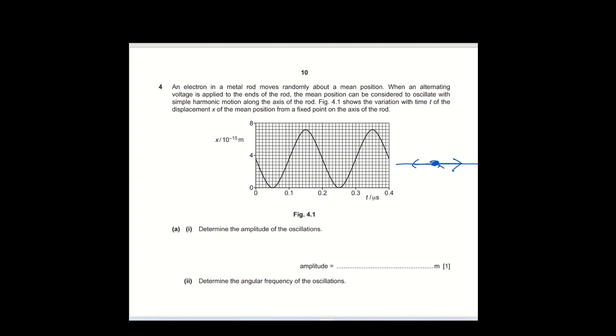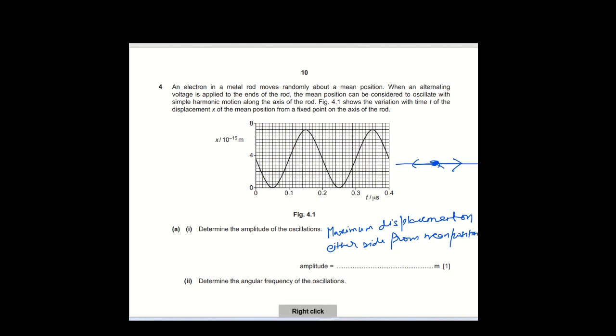We know amplitude is the maximum displacement on either side from the mean position.